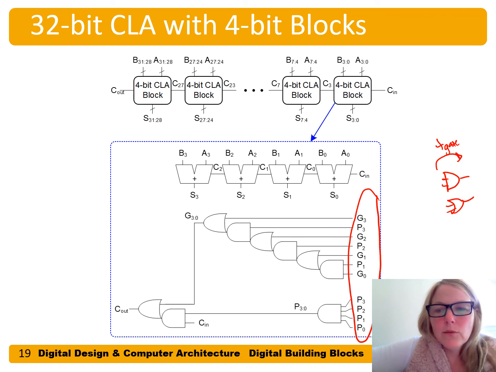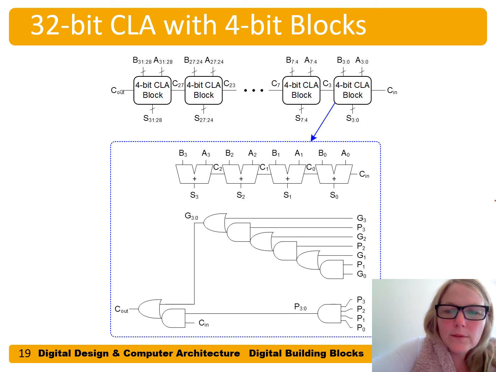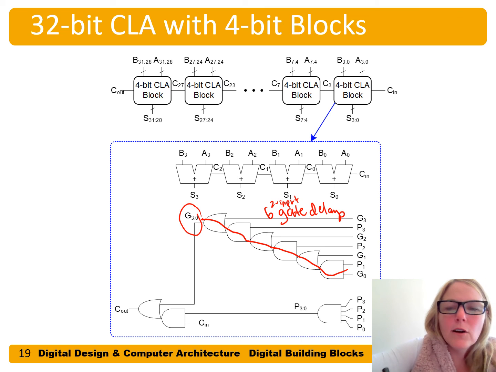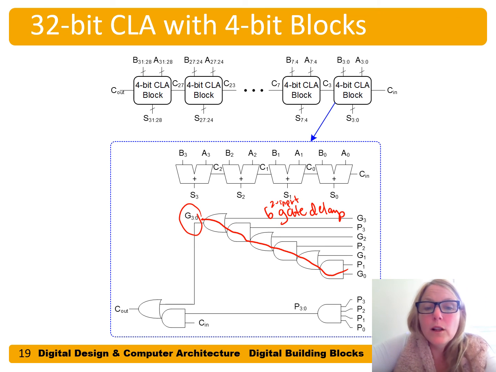Okay, what happens next? Well, after that one gate delay, this isn't the critical path, but this is: we go through 1, 2, 3, 4, 5, 6 2-input gate delays. So 6 2-input gate delays later, we're going to get all of our block generate signals.